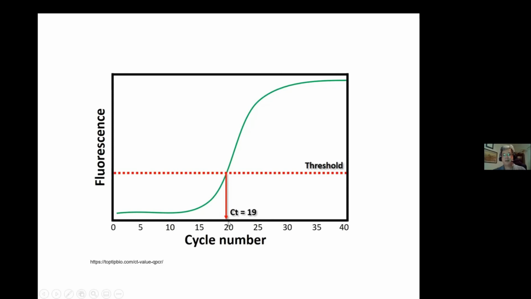So the cycle at which it crosses threshold is called the CT number. All right. And so one of the last things I wanted to explain about this is if you have fewer pieces of DNA at the beginning, then it's going to take more cycles to cross the threshold. If you have a lot of DNA present, then it's going to take fewer cycles to get through threshold, right?